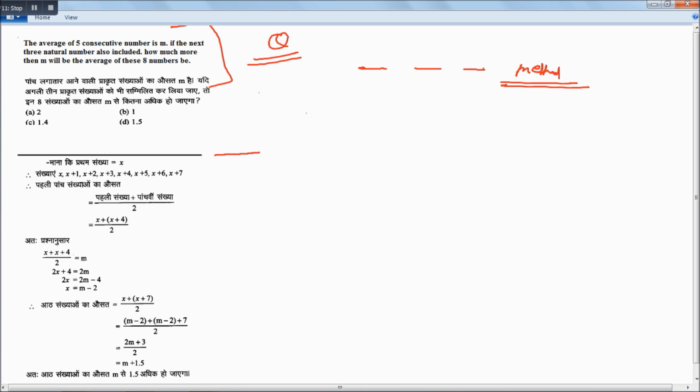The solution shown for this question is not the right way to solve it, because we can use a simpler method here. Whenever we talk about the meaning of average, in other words, we can say average is the midpoint of something.